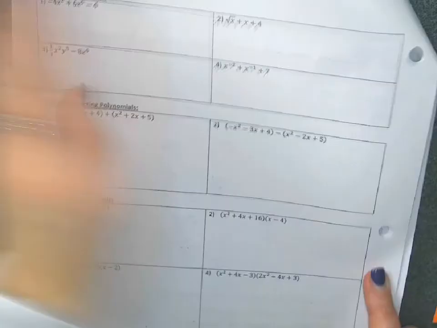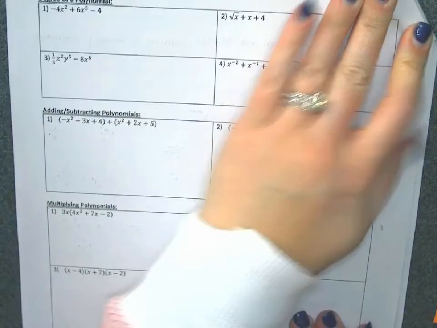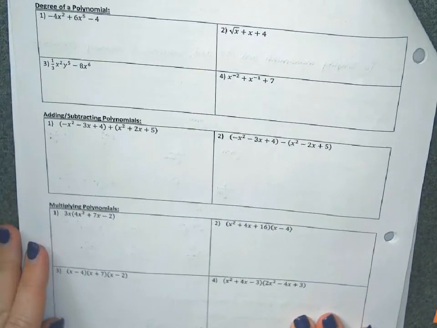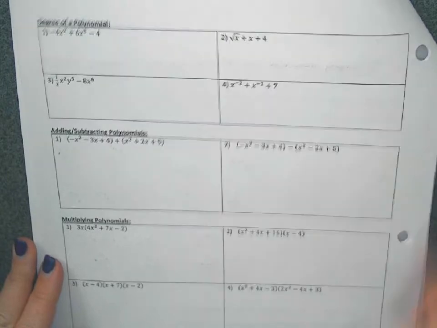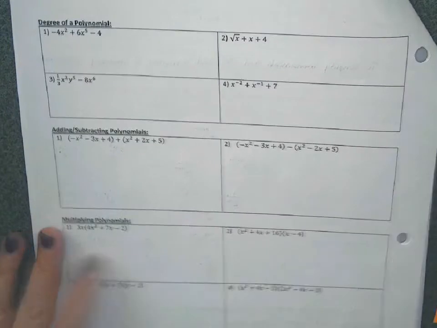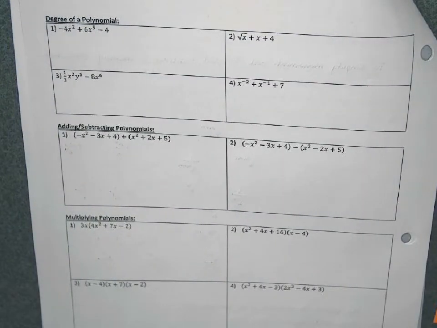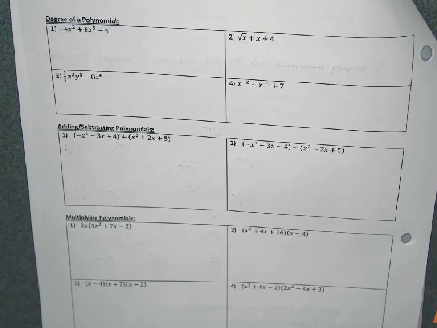Okay, so hopefully you took a break from taking notes and you have done part of that homework assignment, that 1 through 9, and you've completed that. The next couple things we're going to talk about is how to decide what the degree of a polynomial is and whether something is or is not a polynomial. Then we'll add and subtract polynomials and multiply polynomials as well.